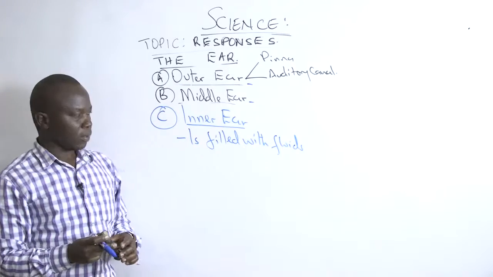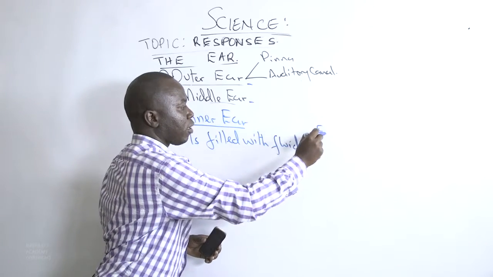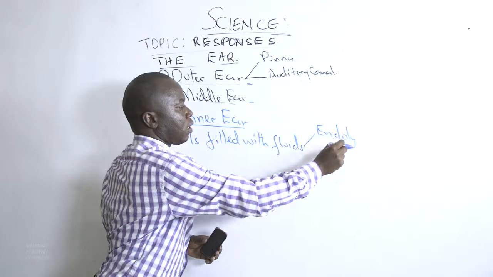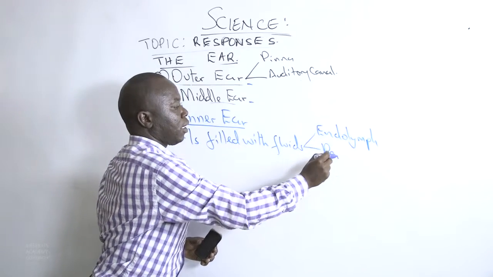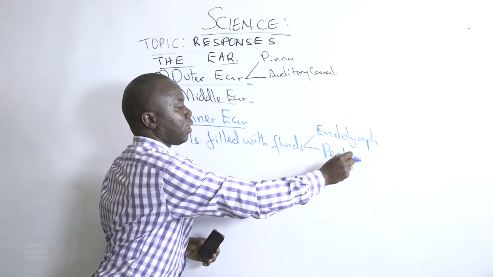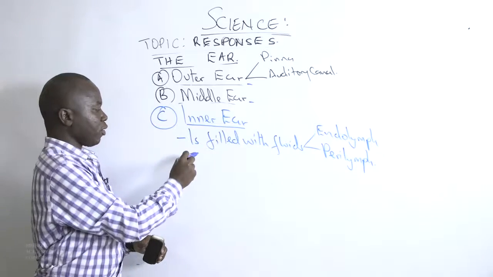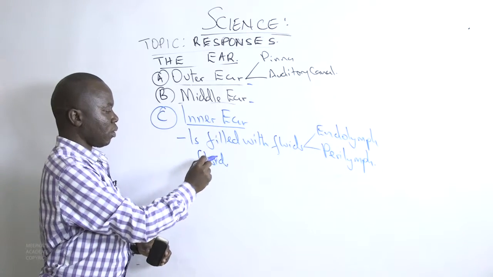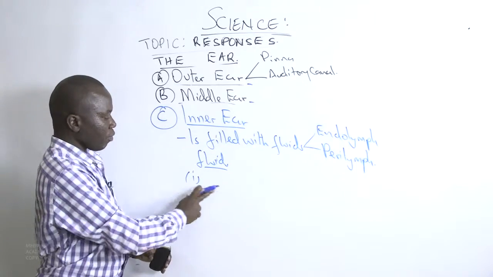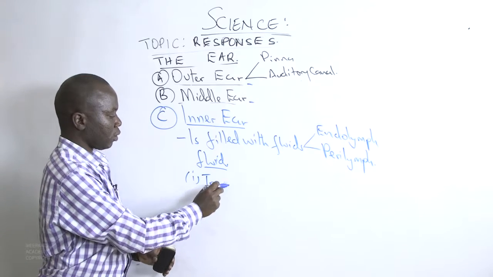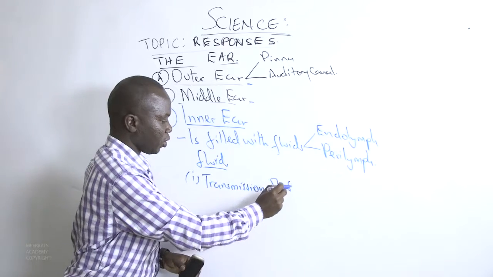We have 2 types of fluids, endolymph and perilymph. The role of those fluids includes transmission of sound vibrations.